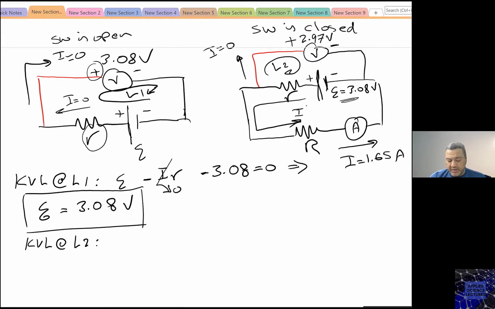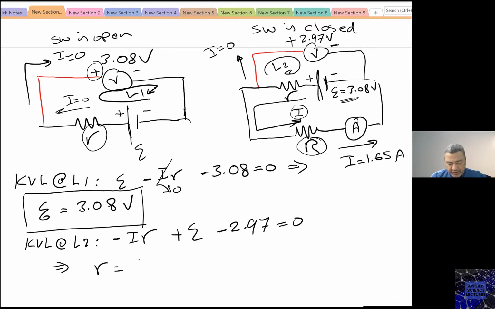So this is I. Now I have my loop parallel with I, so it will be written as minus I r. Then I have here the loop entering the negative terminal of the electromotive force, so plus E, entering into the positive terminal of 2.97, so it's minus 2.97 equals to 0.